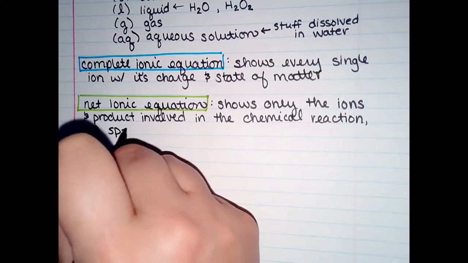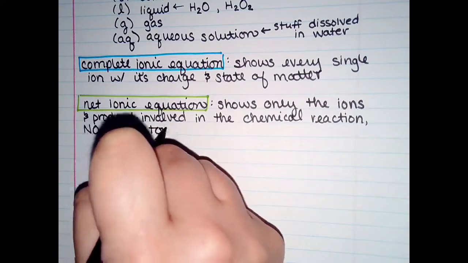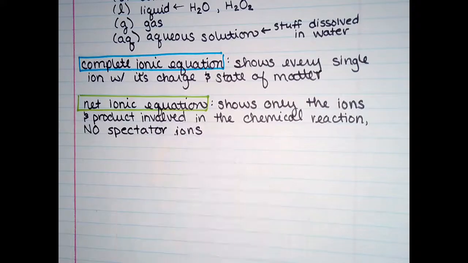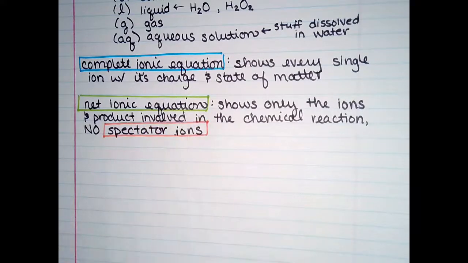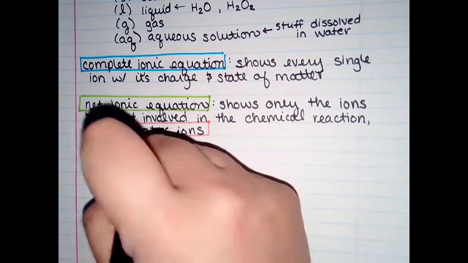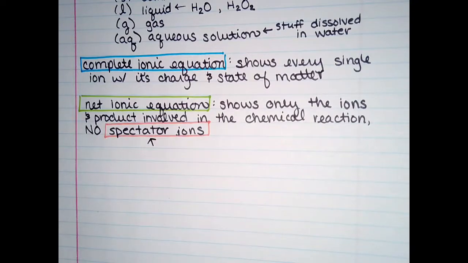No spectator ions. So what are spectator ions? We think about spectators if you go, let's say, to a football game or a theater performance. Those are the people watching. They're the spectators. They're not involved with the performance or the game at all. So those, we'll just put not involved in the reaction.